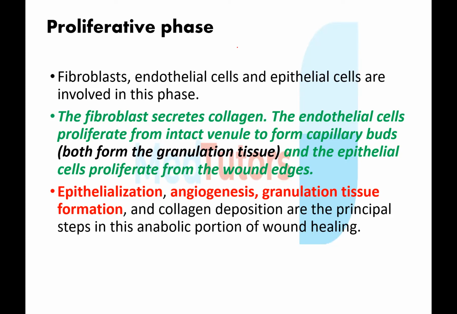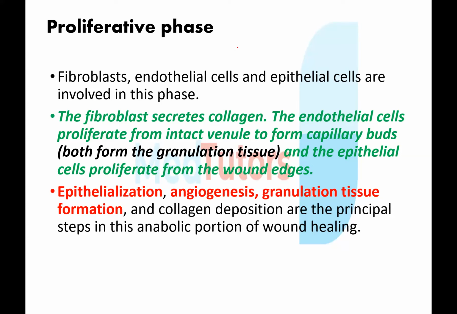Both the fibroblasts that form collagen and the new vessels that are formed via angiogenesis form the granulation tissue. And the epithelial cells proliferate from the wound edges to seal the wound. So the proliferative phase is made up of three processes: epithelialization to seal up the wound, angiogenesis, formation of new blood vessels, and granulation tissue formation.